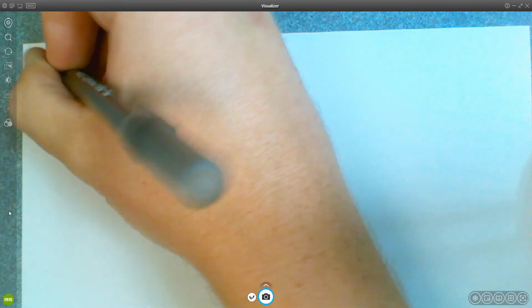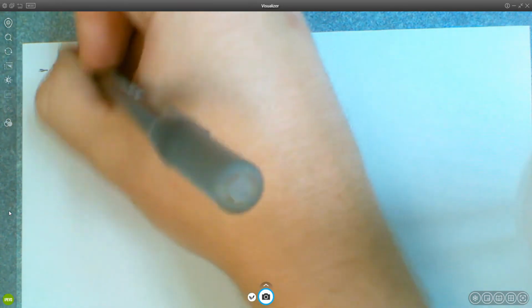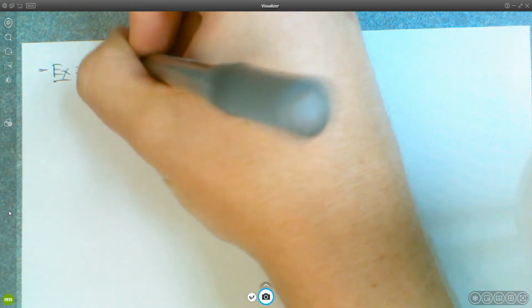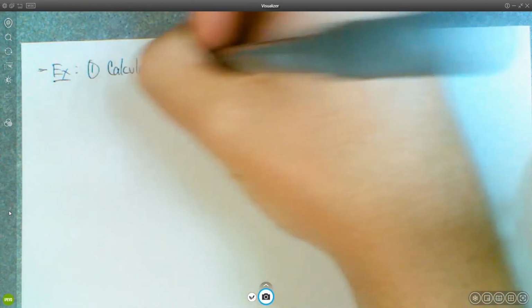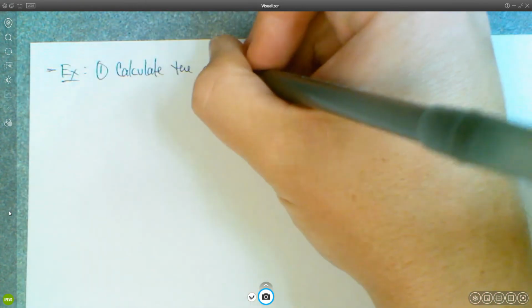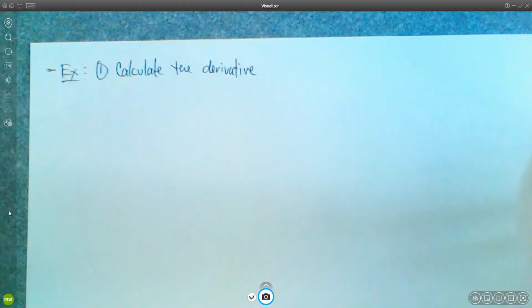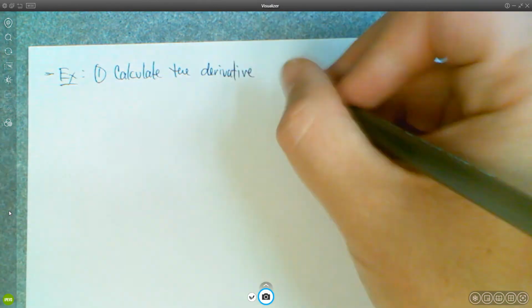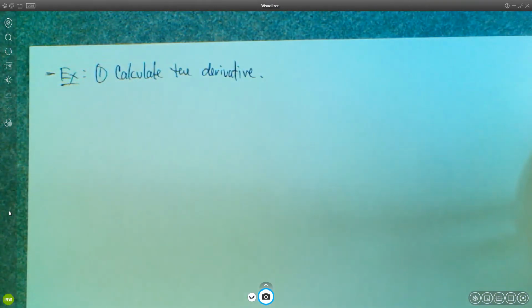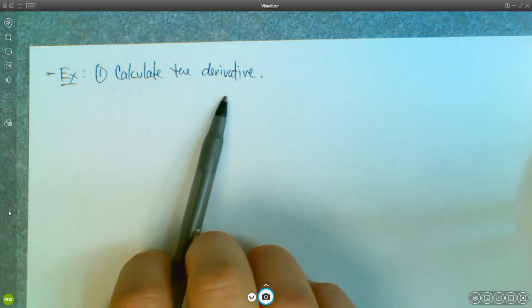So let's calculate the derivative. By the way, another way to say calculate the derivative is to say differentiate.